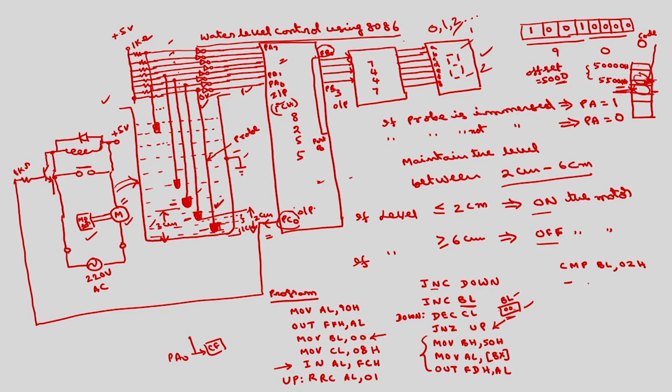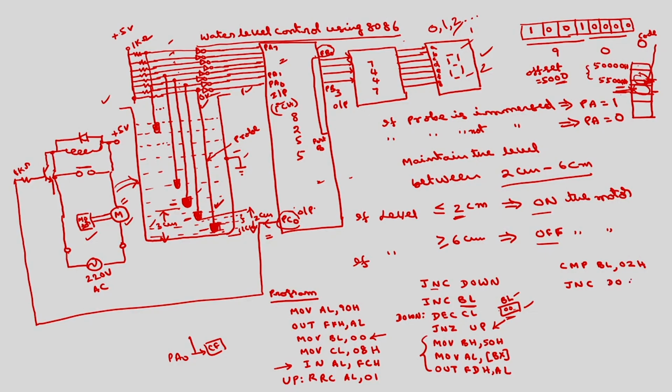Jump not carry. What does it mean? BL will be having already a larger value, means it is greater than or equal to 2. Greater than or equal to 2 means no need to on the motor. If it is less than 2 centimeters, you have to on the motor. Okay. Jump not carry, so you go for down.